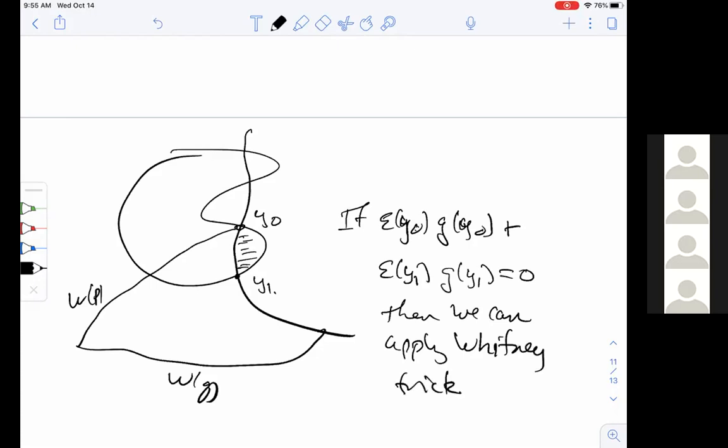So we can only cancel when the signs cancel and the group elements are the same. This equation means the signs are opposite and the group elements are the same. So I'll show you why that's true next time.